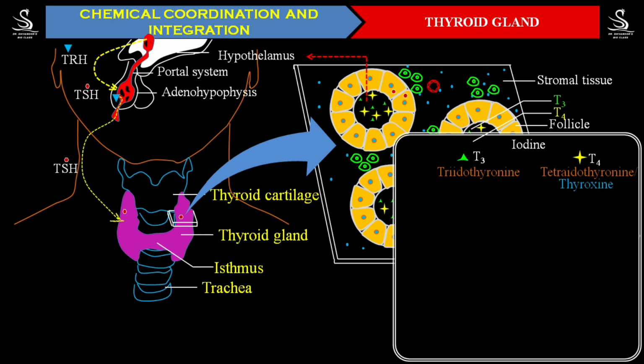Both these hormones require iodine for their synthesis and secretion. Then the question is, from where is this iodine going to be available? As you all know, students, we get iodine through our diet. Nowadays, understanding the importance of iodine to our body, there are so many companies preparing iodized salt.